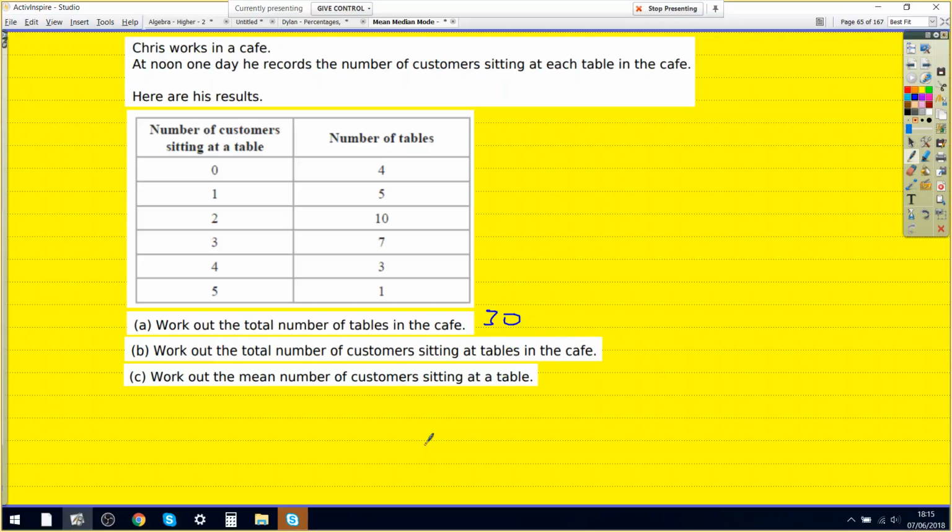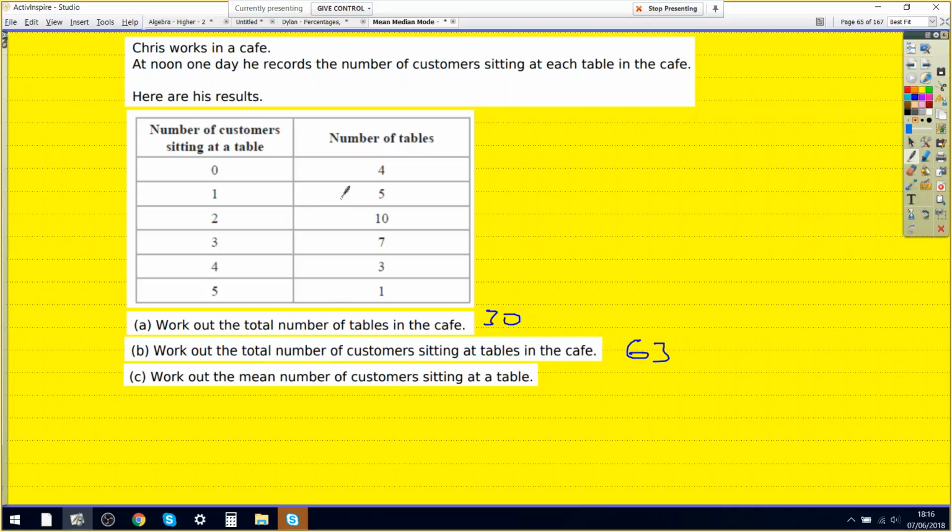It's 63. So I believe it's 63, and you did that by the multiplying one?